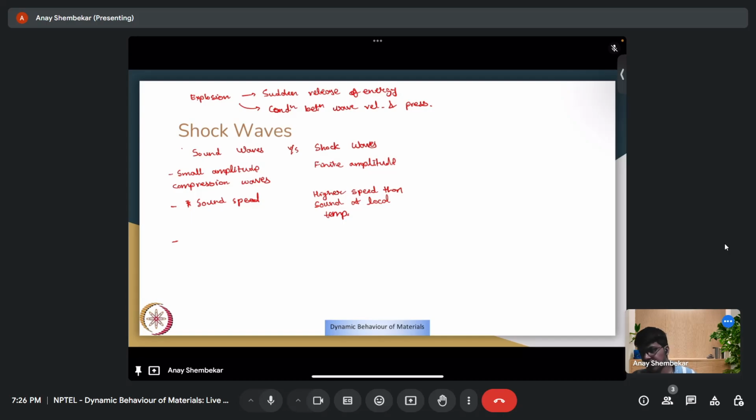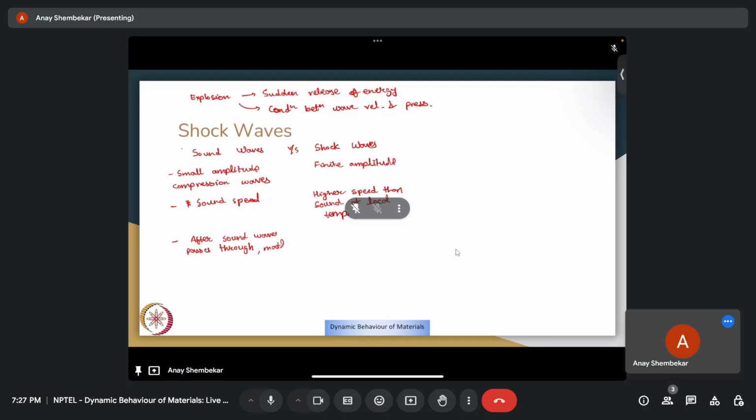Third is, after a sound wave passes through, the material state is unchanged.